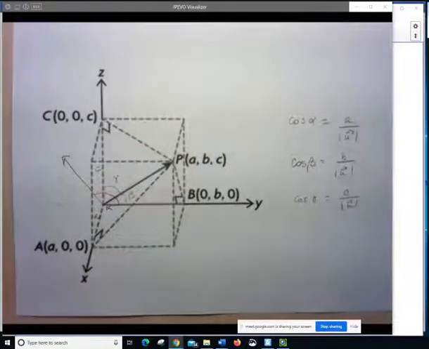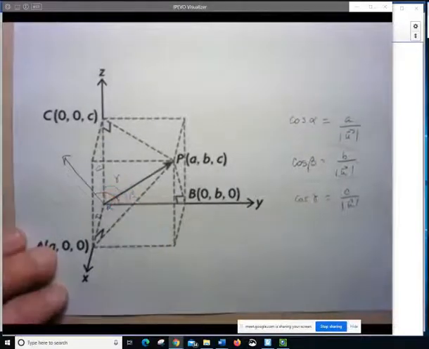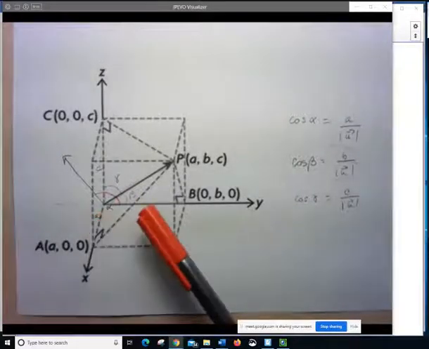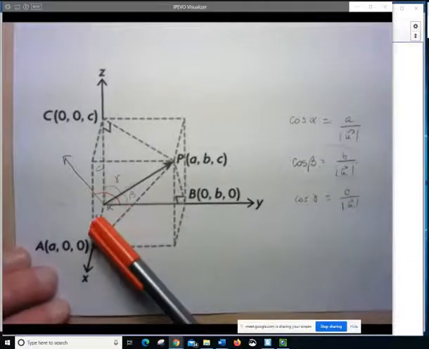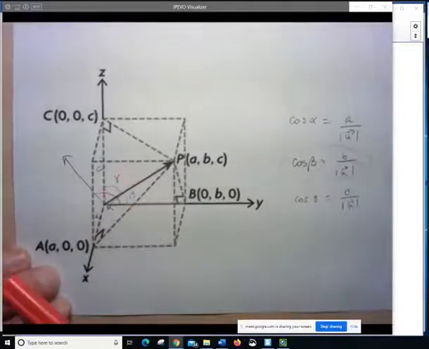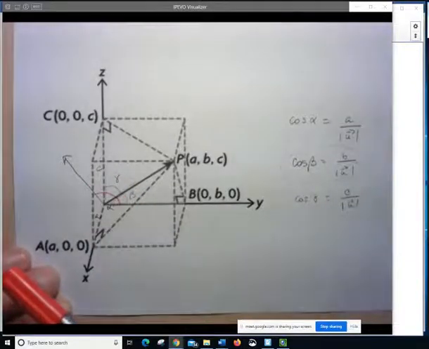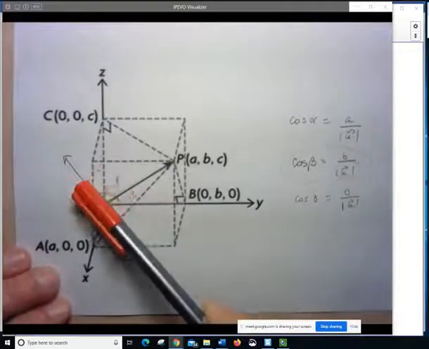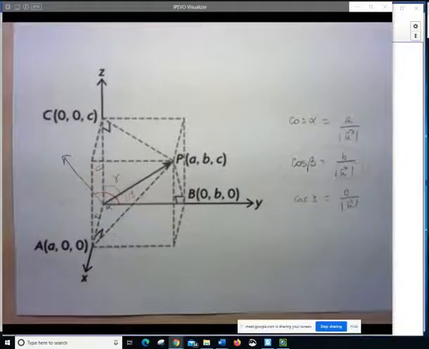Now, Enoch, the good news I have for you is that there's pretty much nothing that we're going to do in all the operations with 3D vectors that are actually ever going to need you to know what those angles are, okay? So that's how we define them, because it's a more natural way in 3D than taking an angle from the positive x-axis and then measuring the angle to the z-axis, okay?